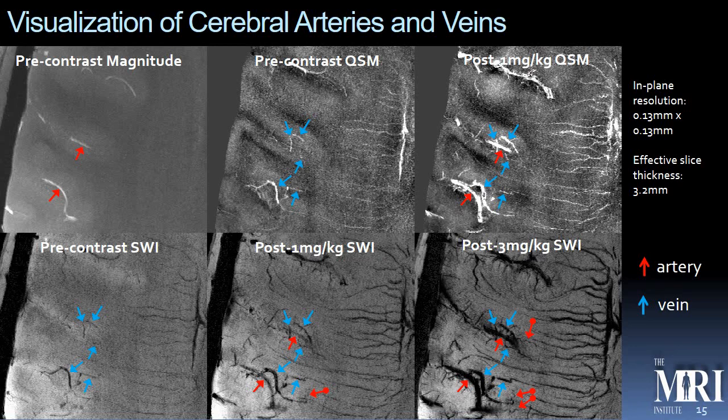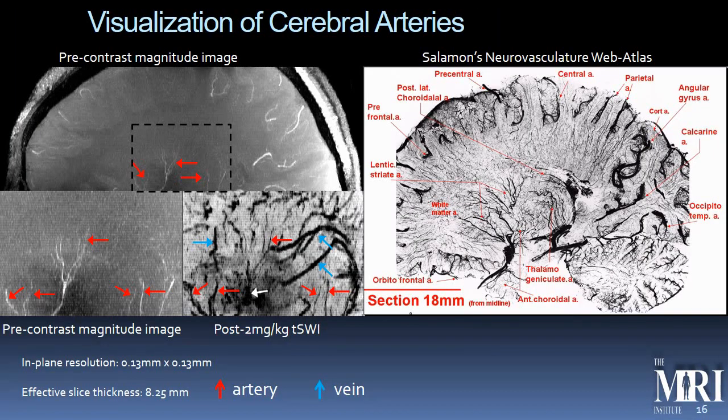Because of the naturally higher susceptibility of the veins than the arteries, the visualization of the cerebral veins was even better than the arteries. In this final example, we demonstrate the visualization of tiny branches of the arteries, which were not visible in the pre-contrast MRI. The visualization of these tiny arteries agrees well with the one on the right from Salamon's Neurovasculature Atlas.